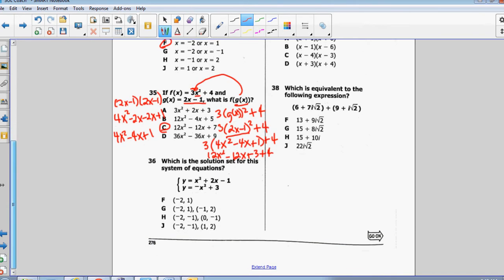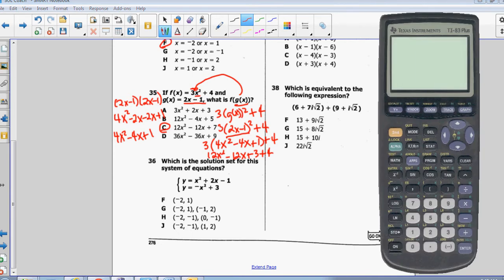For problem 36, you're going to want to graph that one on your calculator. So get your calculator and press y equals. Clear out what you have in there already and start typing. So we have x squared plus 2x minus 1.